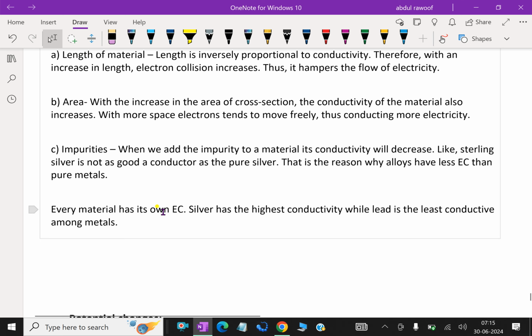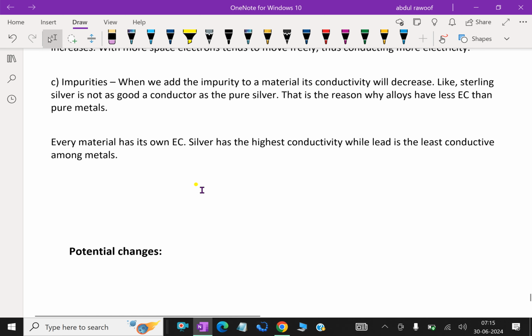Impurity: when an impurity is added to a material, its conductivity decreases. Every material has its own electrical conductivity. Silver has the highest conductivity, while lead has the least conductivity among the metals.